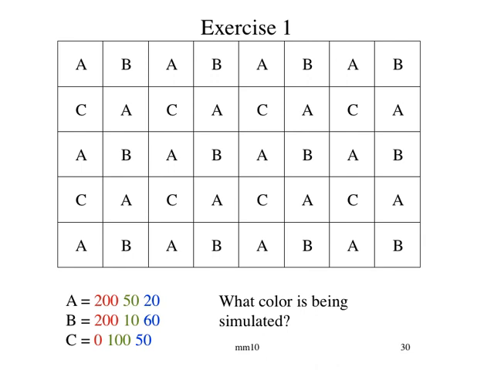So considering the red, there'd be 3 A pixels, so that'd be like 3 times 200, plus there's 1 B, so that's another 200, and then C is 0, and then you divide all that by 6.